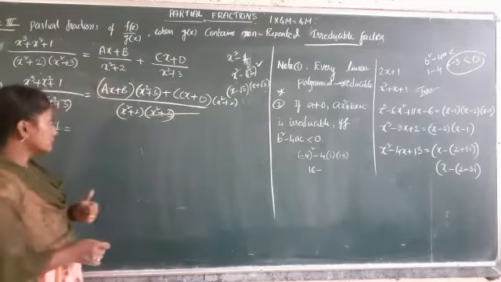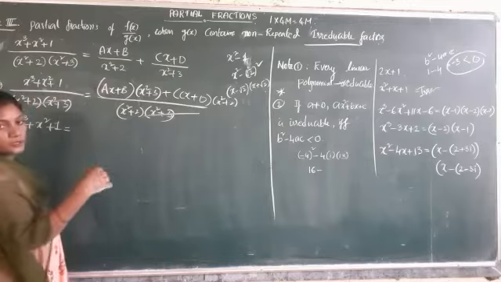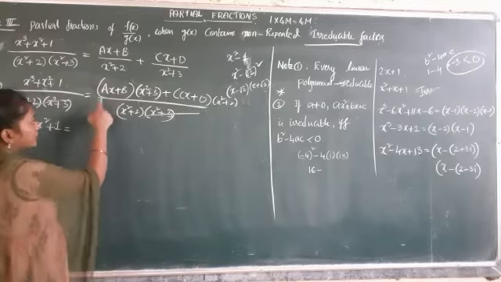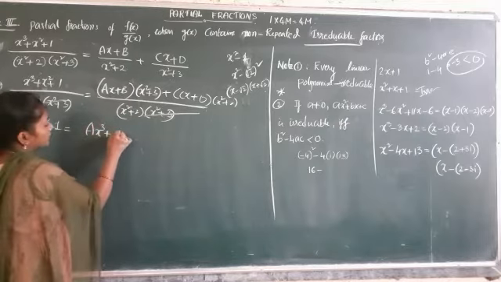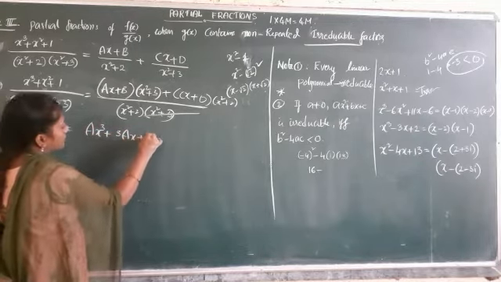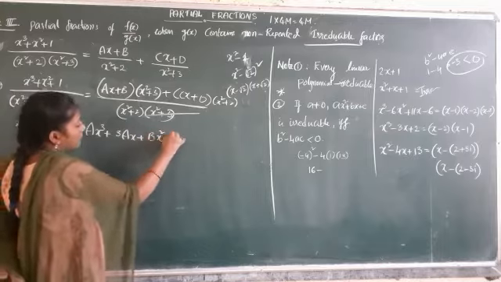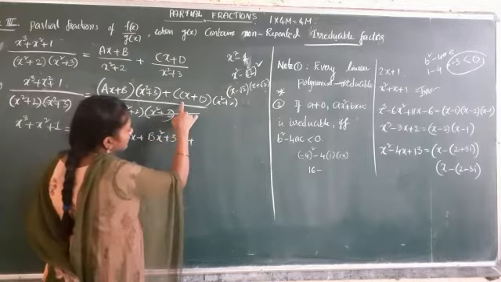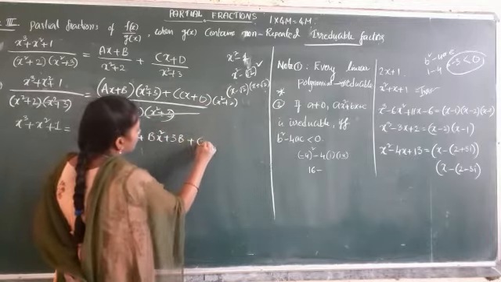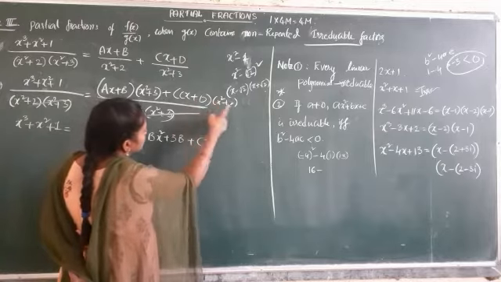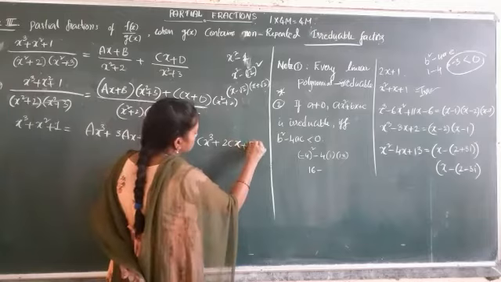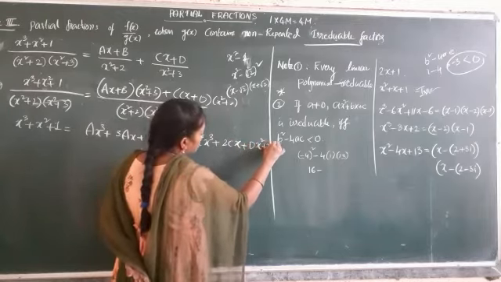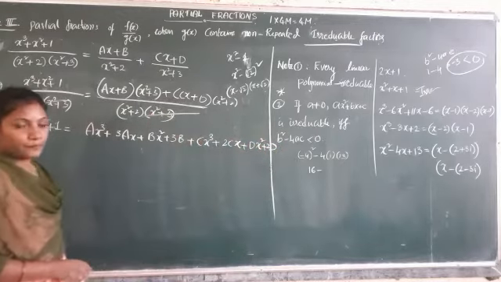So let us simplify. ax cube plus 3ax plus bx square plus 3b plus cx cube plus 2cx plus dx square plus 2d.